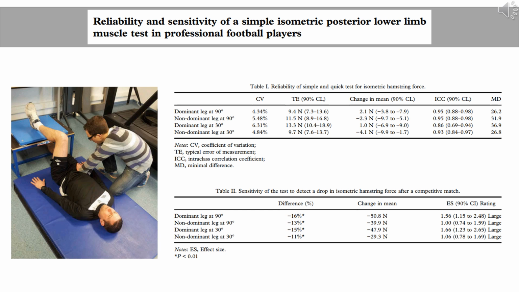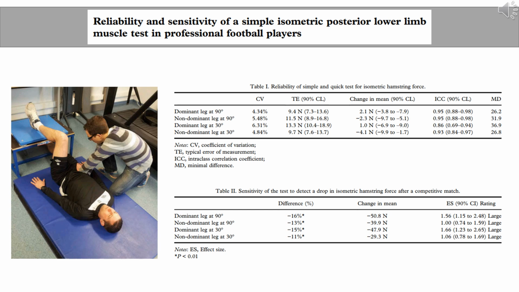Now, the other thing that they looked at was the sensitivity of this assessment to detect a drop in isometric hamstring force after a competitive match had been played, which again was quite clever, really. And what you can see is they've reported a percentage drop-off in force for each leg at each angle, what that is in raw values, and then presented that data, that difference between baseline, as an effect size.